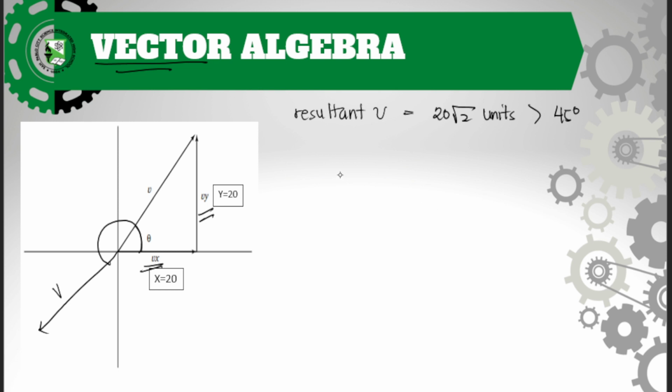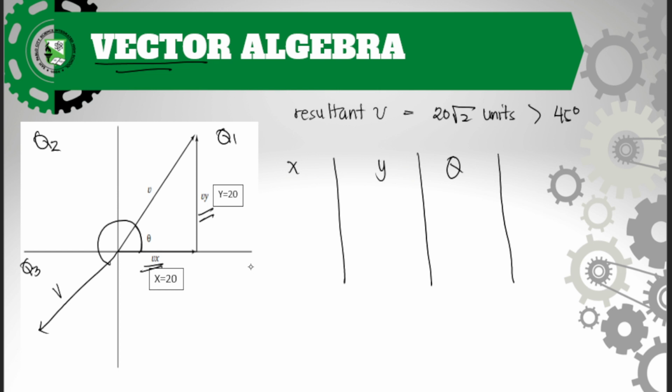So, you're going to look on your x and y components or in which quadrant it is on the Cartesian plane. So alam natin ito yung quadrant 1, quadrant 2, quadrant 3, and this is quadrant 4.